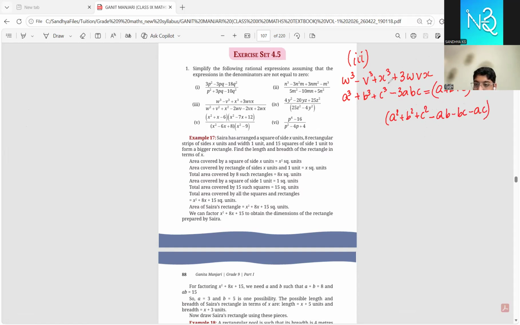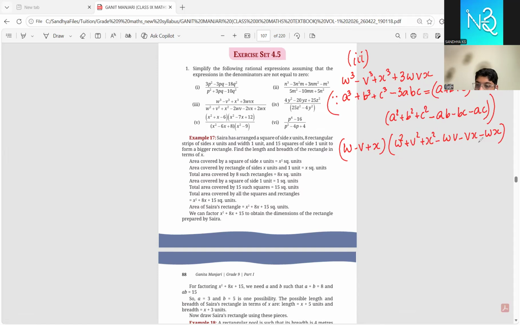Okay. So same like that. Why here plus came? Because one is negative, and negative into negative becomes positive. That's why we got that. So this will become a plus b plus c. So you can put since here. We have written the identity. So it will become w minus v plus x into w squared plus v squared plus x squared minus wv minus vx minus wx.